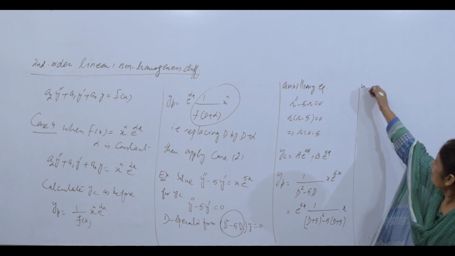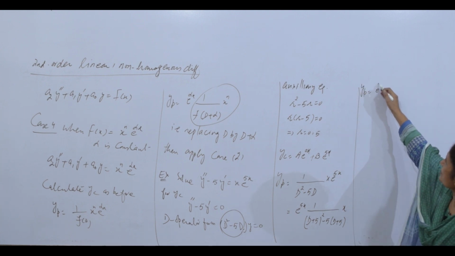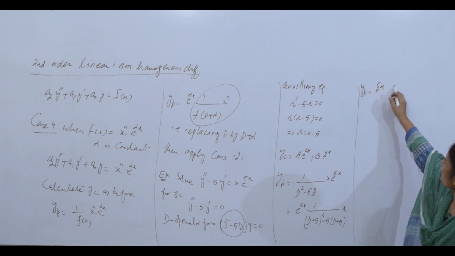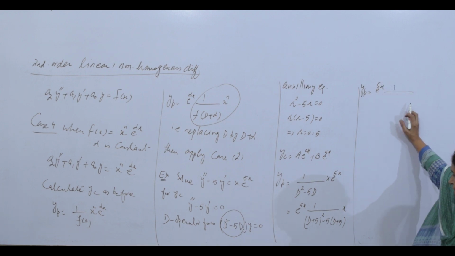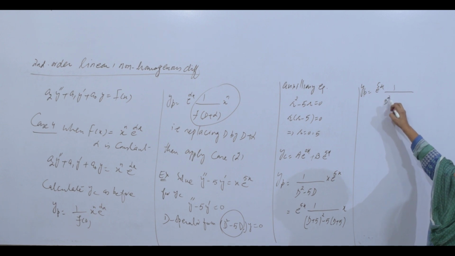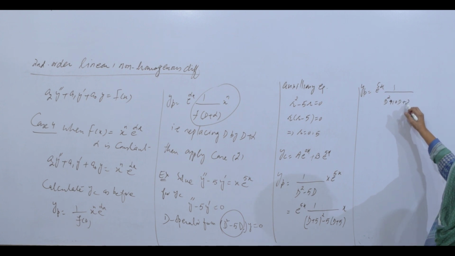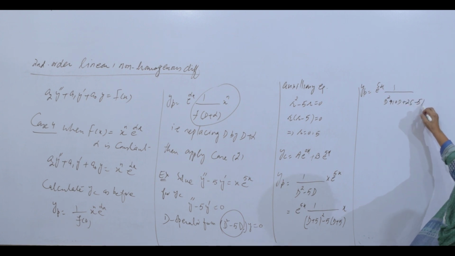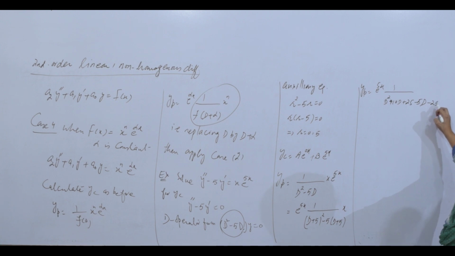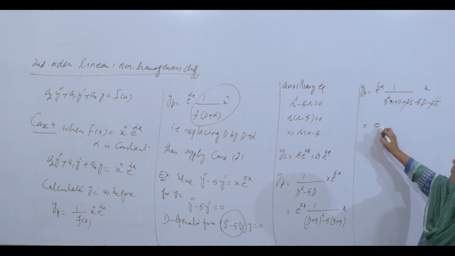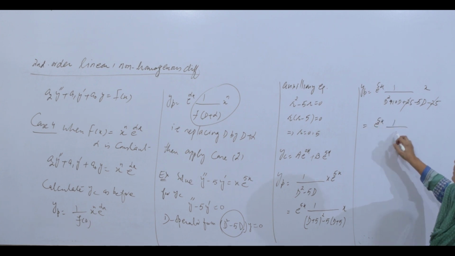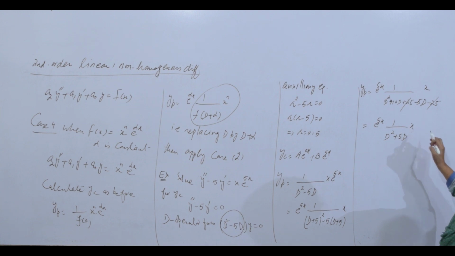Simplifying, yp is e raised to 5x times 1 over D square plus 10D plus 25 minus 5D minus 25, operate on x. This 25 goes. So this is e raised to 5x, 1 over D square plus 5D, operate on x.